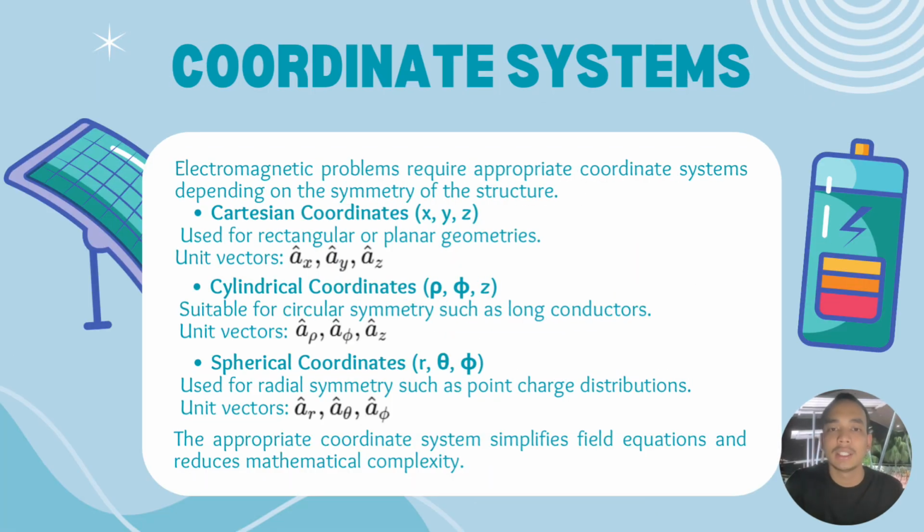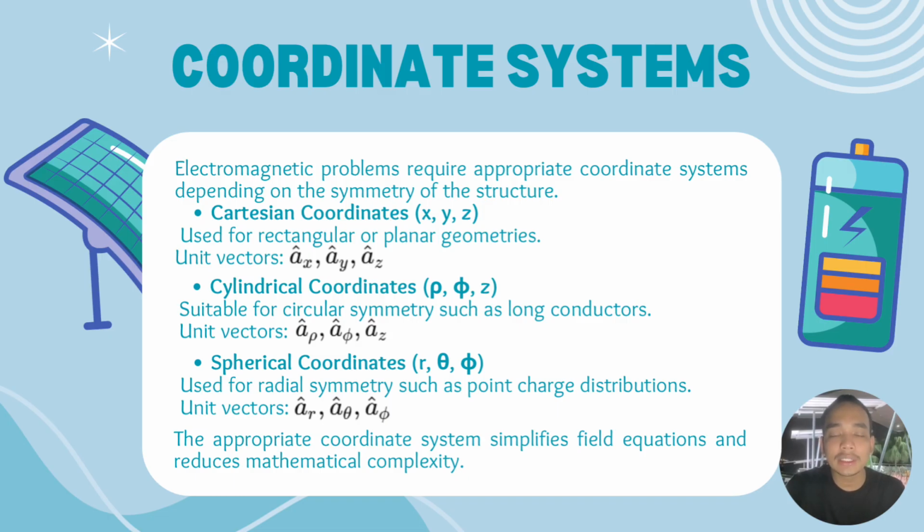Next slide is about coordinate systems. Different coordinate systems are used depending on the symmetry of the problem. In Cartesian coordinates, we use x, y, and z axes. In cylindrical coordinates, the variables are rho, phi, and z.